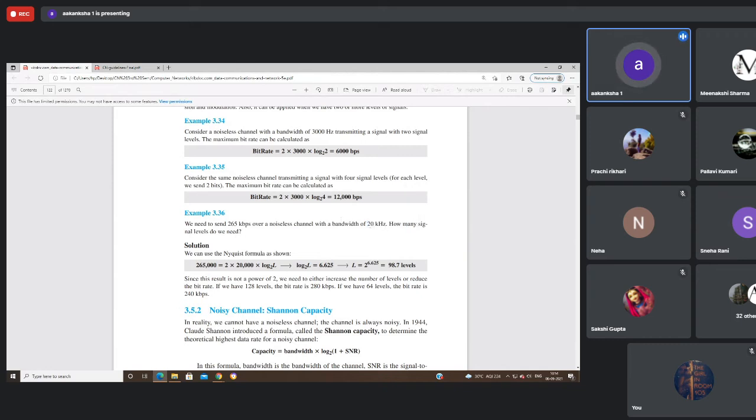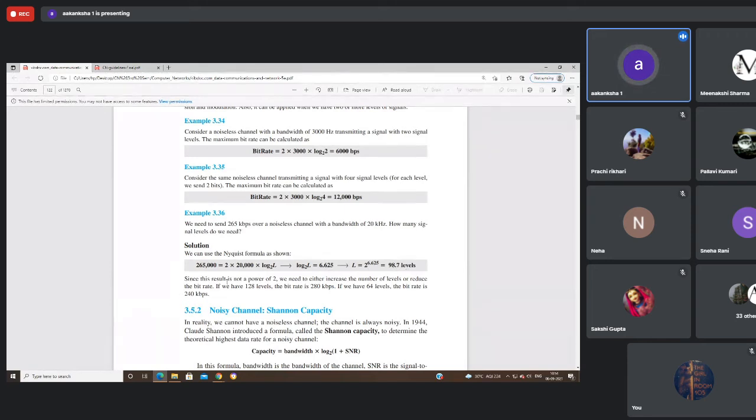The bandwidth is not in hertz, it is in kilohertz, so it is 2 into 20,000, log 2 of L. Using this formula, we divide 265,000 by 40,000, which is 6.625. So log 2 of L is equal to 6.625. We take L as 2 raised to the power 6.625, which is nearly 98.7 levels.